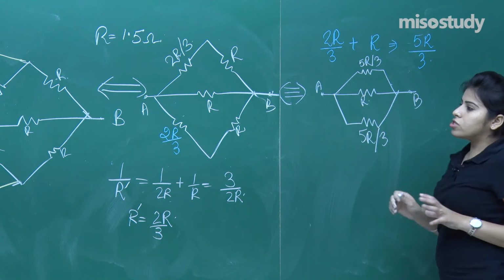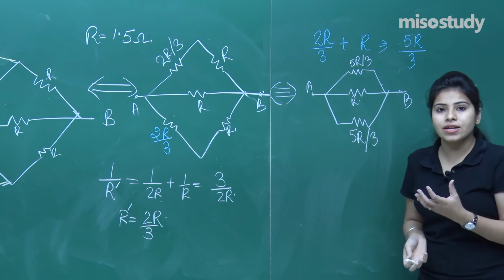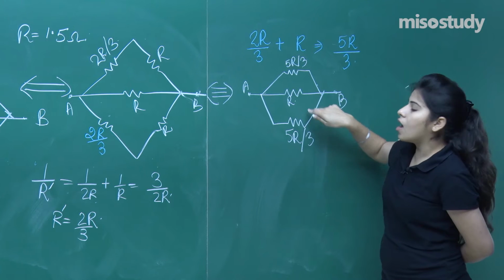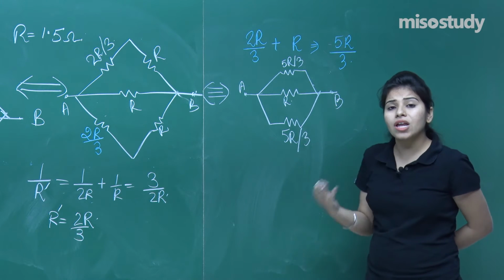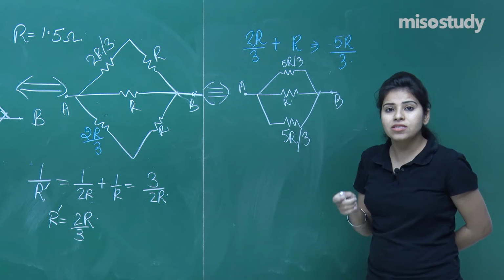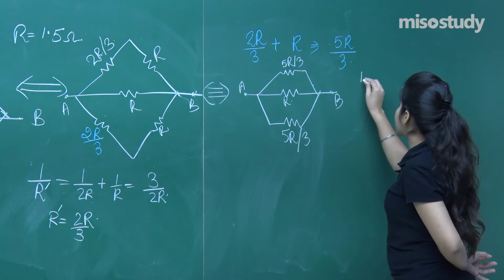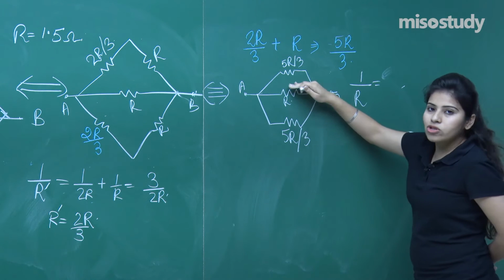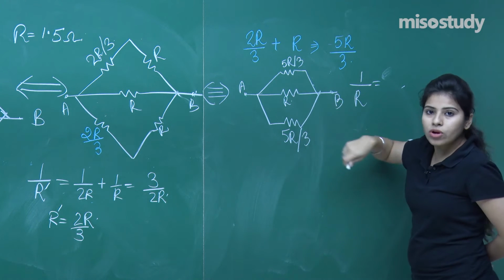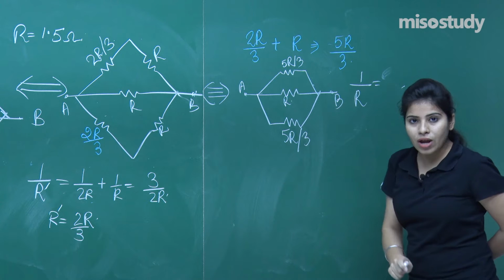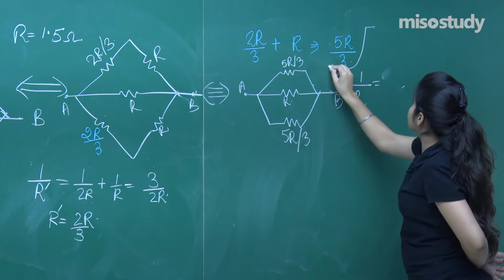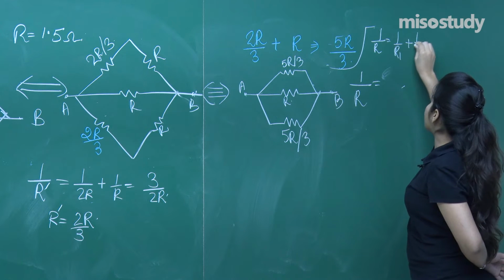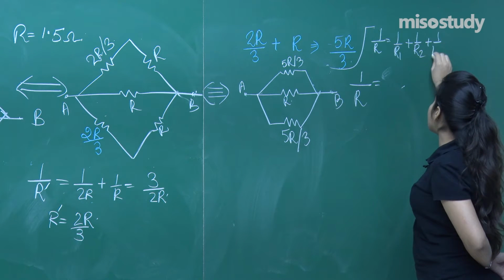Now here the simple circuit has been obtained. What you can do here, 5R by 3, R and this 5R by 3, these all are connected in parallel. So that means for their combination, you have to take the reciprocal, because we know that 1 upon R equals 1 upon R1 plus 1 upon R2 plus 1 upon R3.